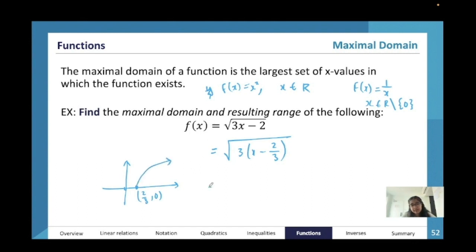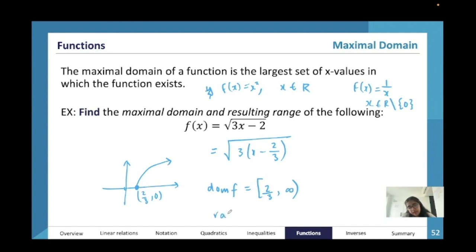So here we can see the domain. The domain of function f equals 2 on 3 to infinity. So keep in mind it's a square bracket because we're including that endpoint, because it's a closed circle. We're including that endpoint.